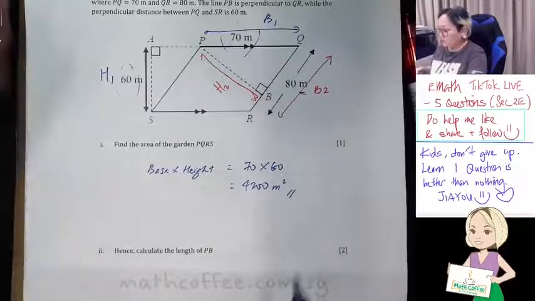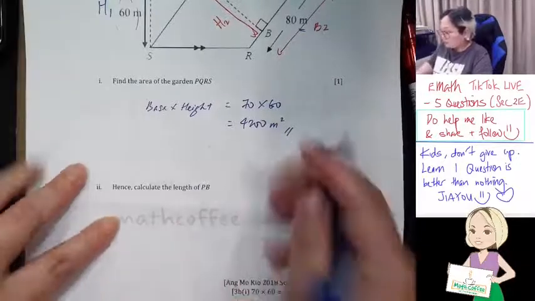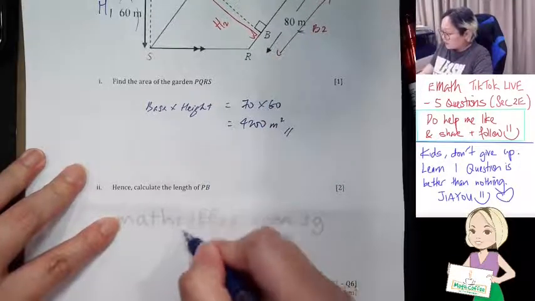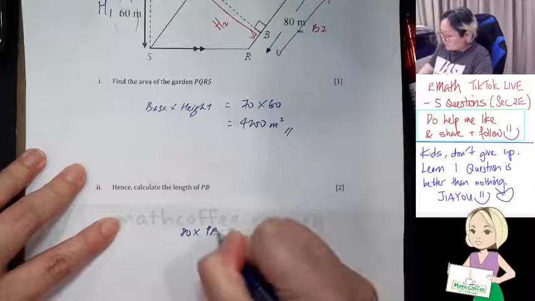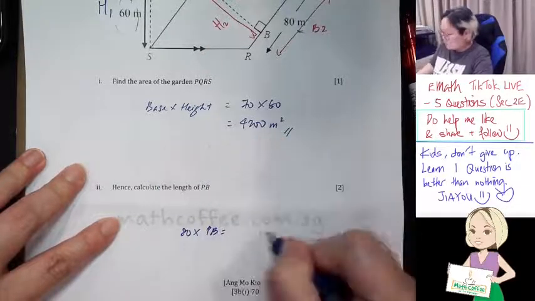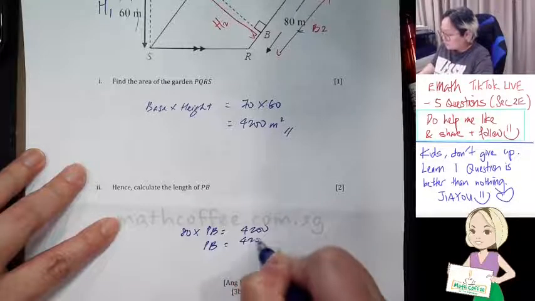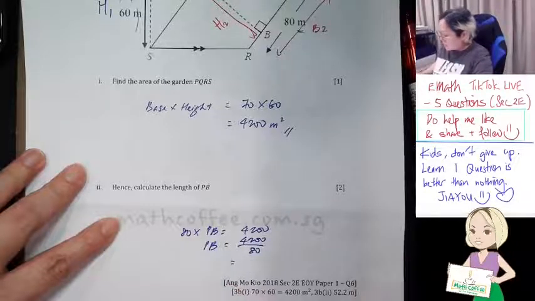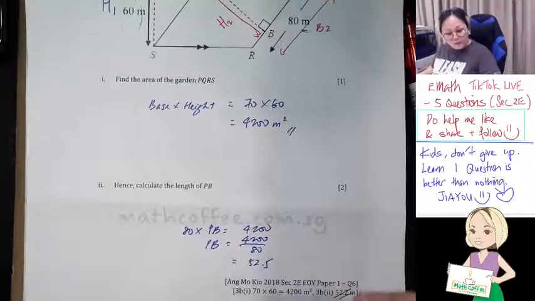Since I already have the area of my parallelogram, I will say 80 multiplied by PB will give me the same area, which is 4200. So for PB, simply take 4200 divided by 80, and I will get 52.5.